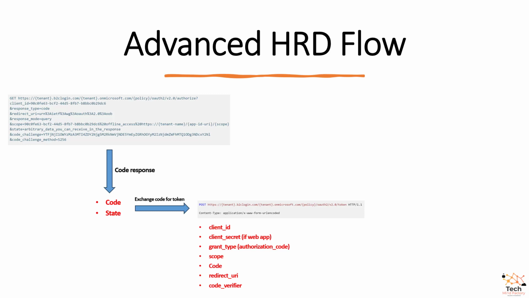Here we have to provide the client ID, the client secret if this is a web app, grant type, so authorization code, the scope, the code that was returned, redirect URI, and the code verifier, which is used for PKCE. Once we provide all these details, in the response we get the set of tokens. So this is the authorization code flow explanation, really quick.